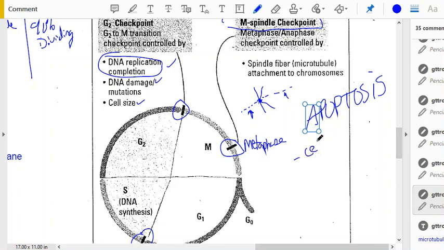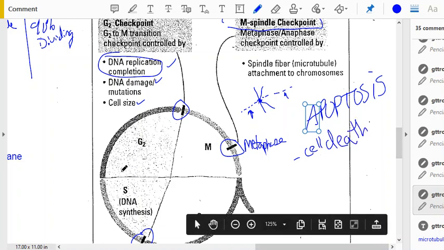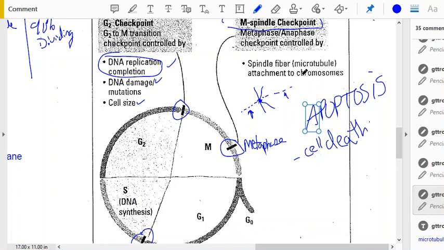So the cell ends its life. The cell basically says, I'm not good enough. I didn't connect my spindle fibers to my centromeres. I didn't adequately repair damaged DNA.